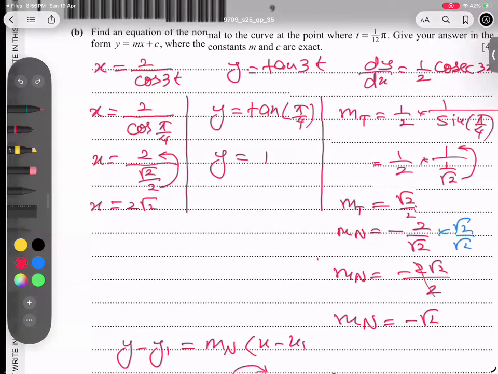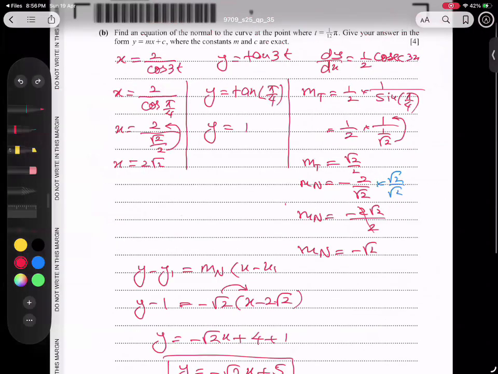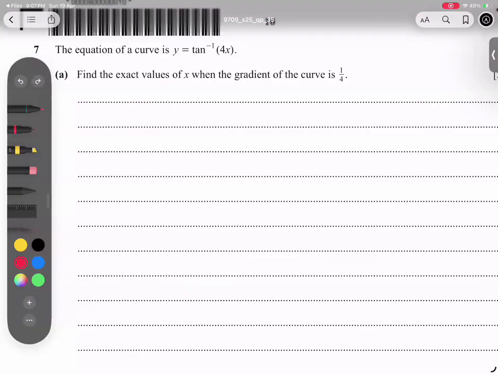And I hope the concept of the question is completely clear. Question number 7, students, we are trying to do, and the topic is differentiation. Tan inverse 4x. Find the exact value of x when the gradient is this. So first of all, you know it very well, dy over dx and gradient are exactly the same.